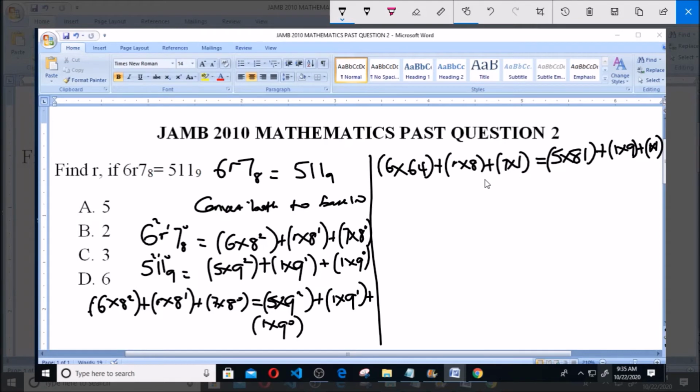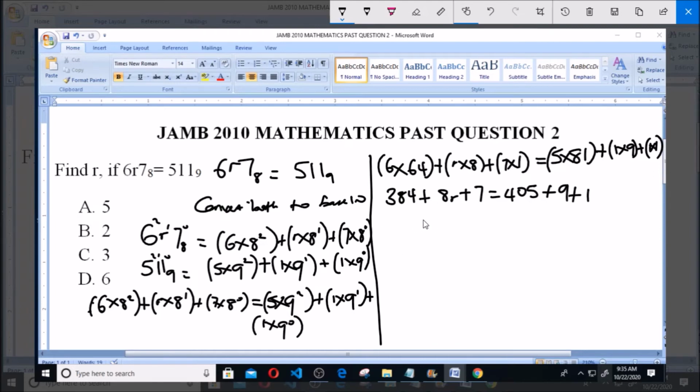So from this, 6 multiplied by 64 will give us 384, plus 8R plus 7 is equal to 5 multiplied by 81, which gives us 405, plus 9, that's 1 times 9, then plus 1 times 1.